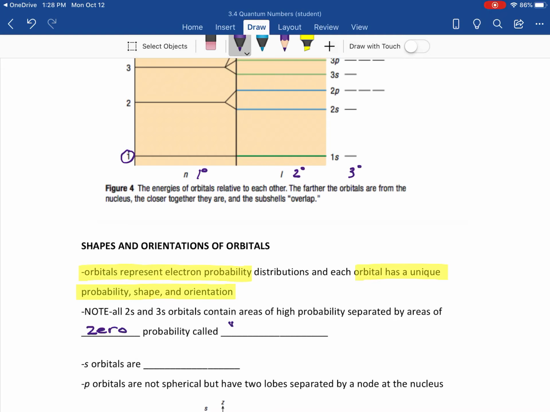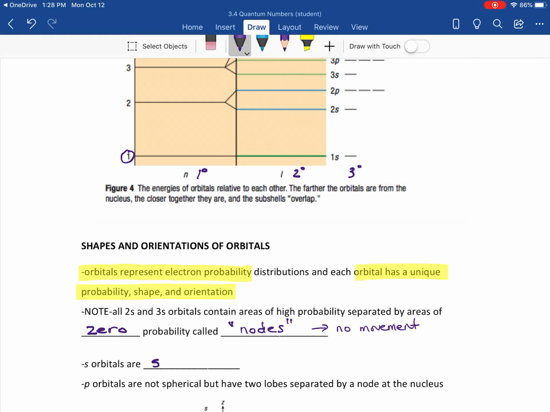And I already said this word to you, called nodes. Remember what a node is. It's the point in the wave where there's no movement, right? And so for our purposes, if there's no movement, there's no possibility of finding an electron in that space.